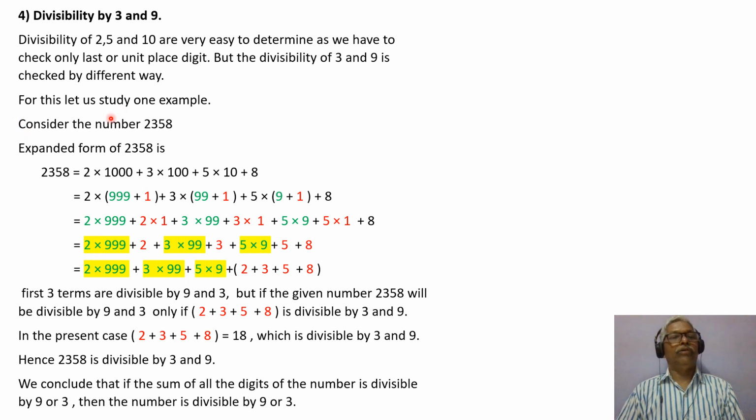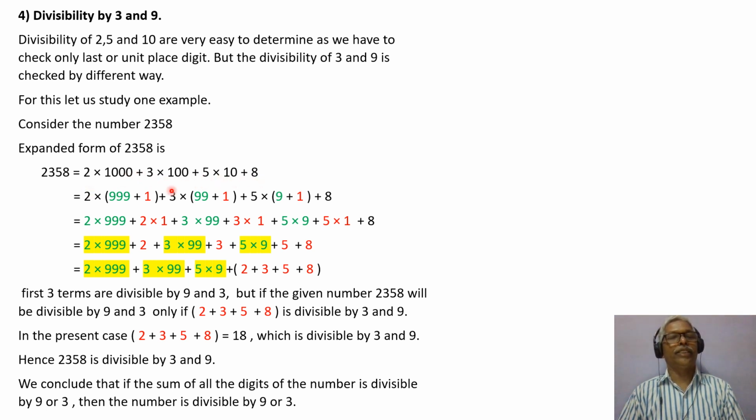Before going for the general example, we will check one actual example, with actual digits. So consider the number 2358. Now the expanded form of 2358 is 2 into 1000 plus 3 into 100 plus 5 into 10 plus 8.